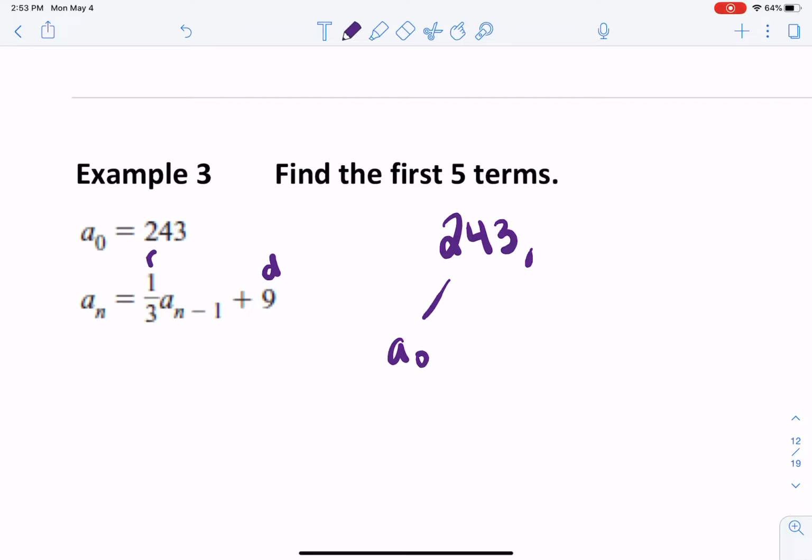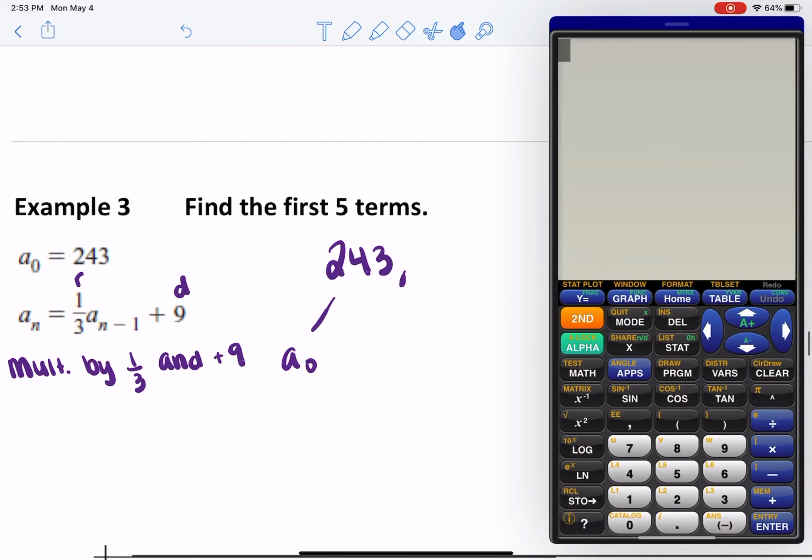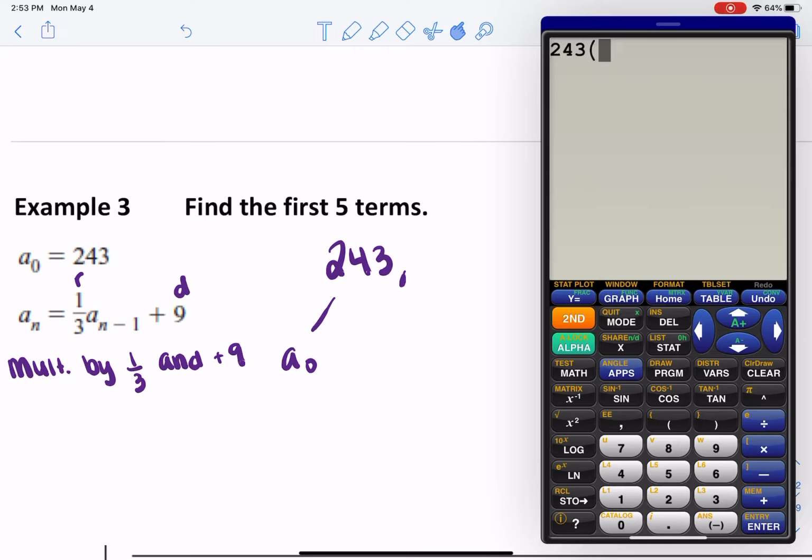So what's happening is we need to multiply by 1/3 and add 9. Ooh, okay. So that's where our calculator can come in handy. So we're going to start with 243. And I'm going to multiply that by 1/3. Then I'll add 9. So our next term is going to be 90, and that's our first term.